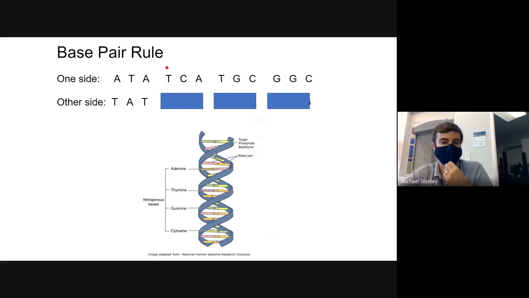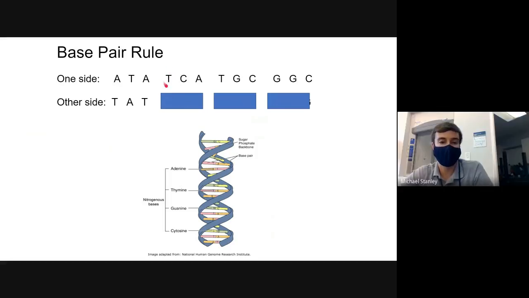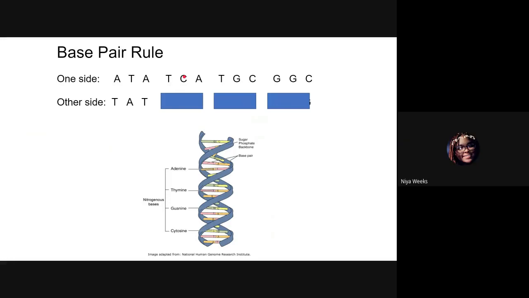Close. So you're right with the first one. If you have a T on one side, then yeah, we should have an A on the other side. What does C pair up with?